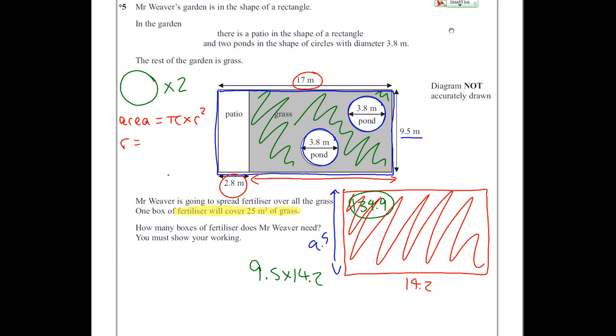So r equals half of the diameter, which is 1.9.